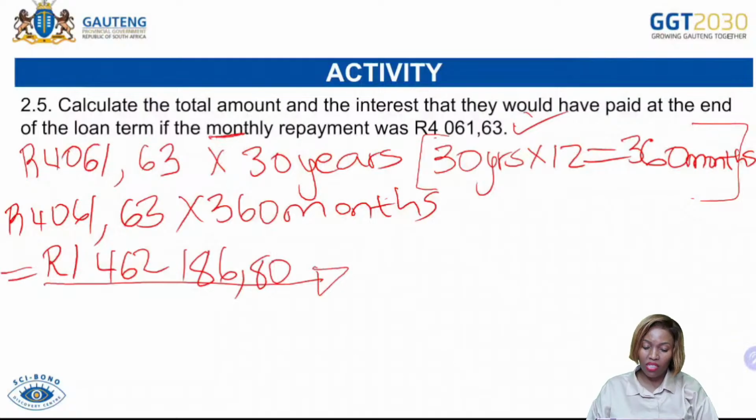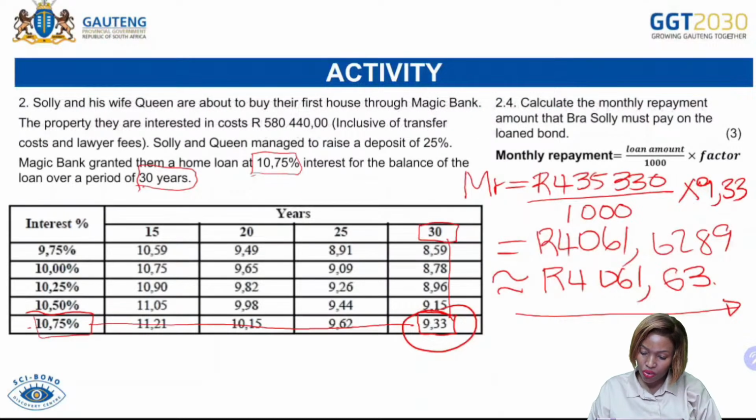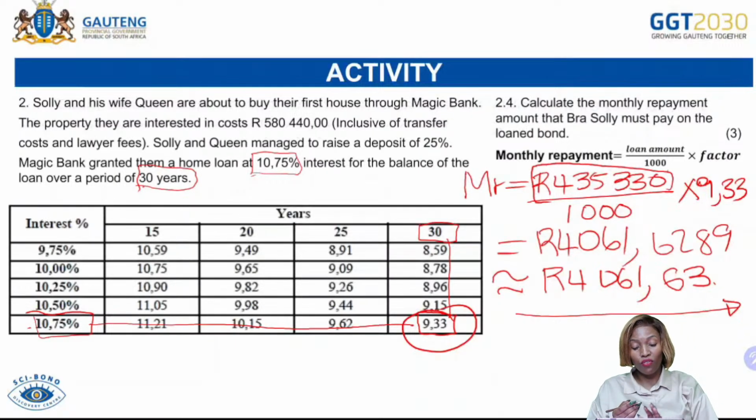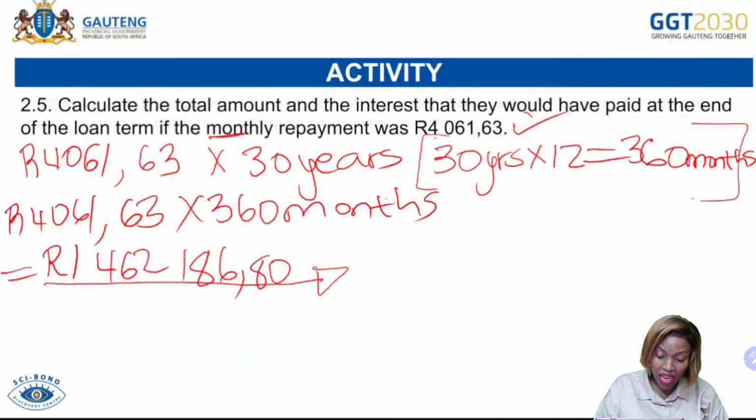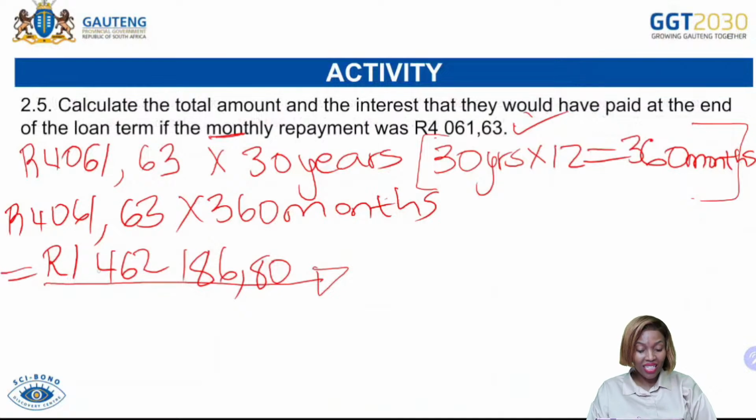So do you see how it works? Remember the loan that they took. The loan that they took was how much? It was 435,000. This is the money that they borrowed from the bank. But when they pay it back, they pay it back as 1,462,186 and 80 cents.